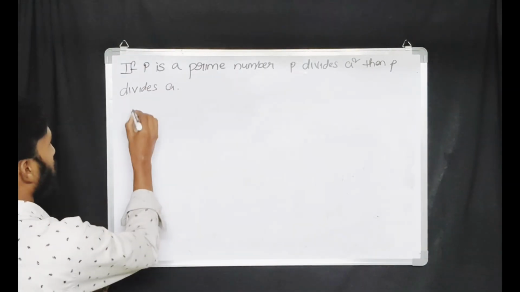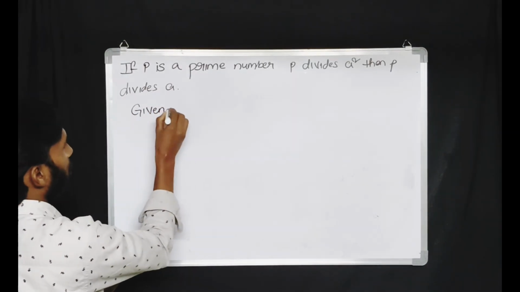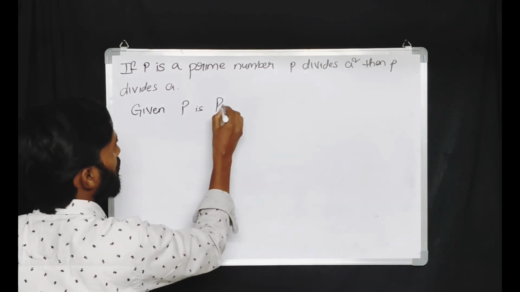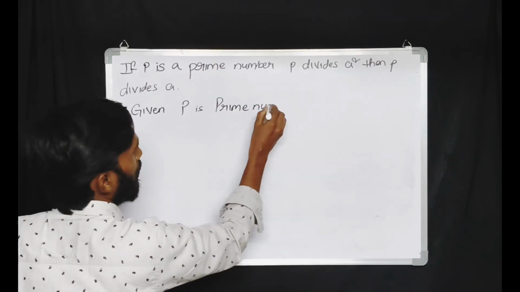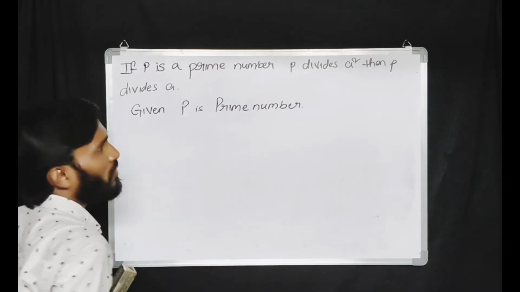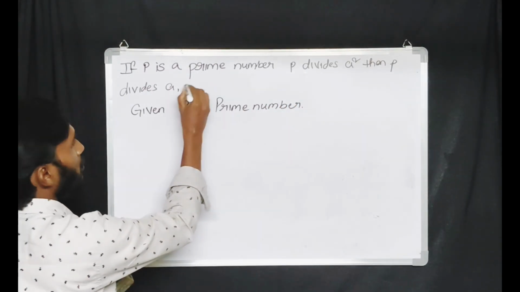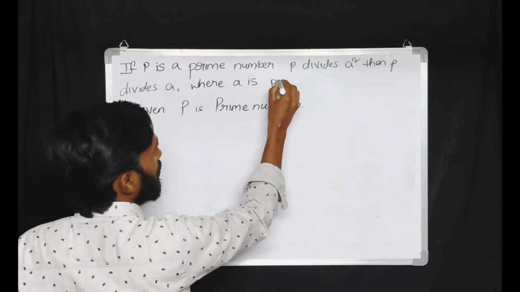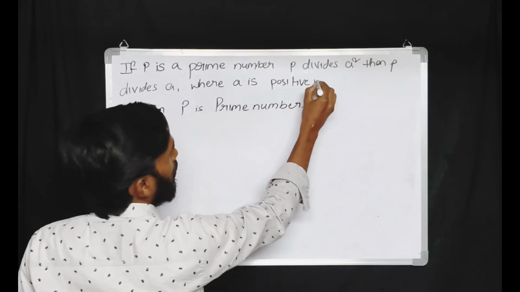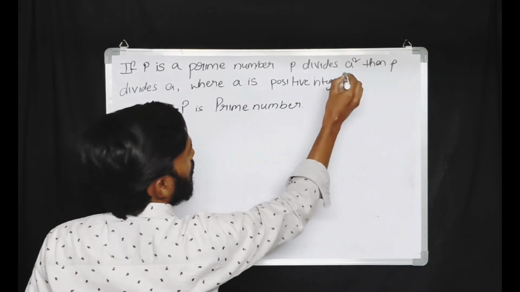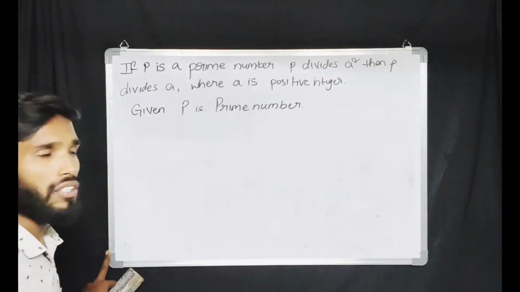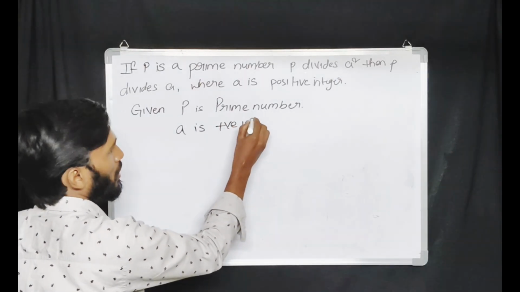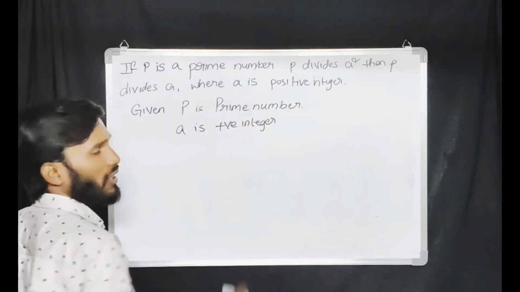Now, what is the given information? Given P is a prime number and A is a positive integer.